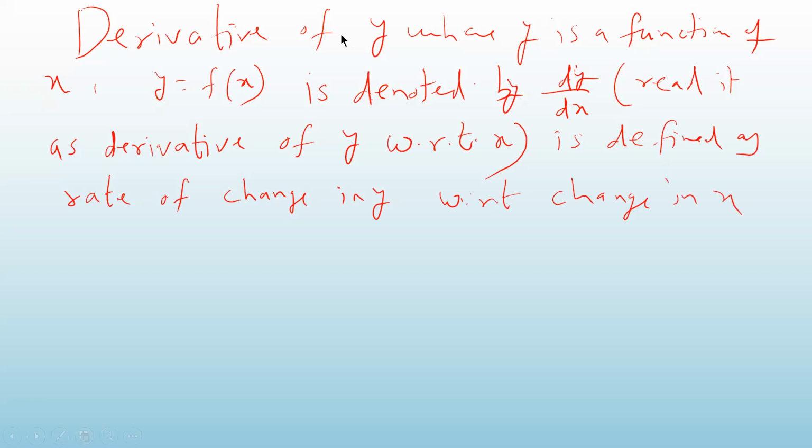So whenever y is a function of x, or the value of y depends upon x, we would always like to see at what rate y is changing with respect to a change in the values of x. That rate is called a derivative and it is written as dy by dx. Okay, how we define it is the rate of change in y with respect to a change in x. Now let us see the constant function. For example, y equal to 5. It's a constant function.